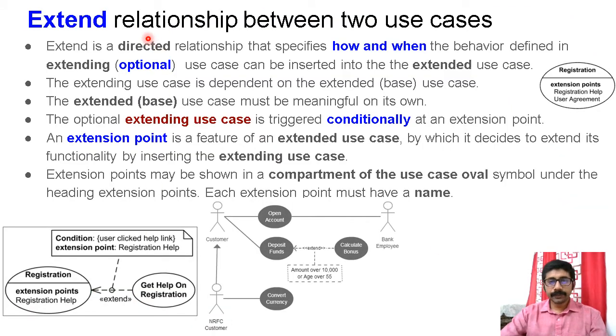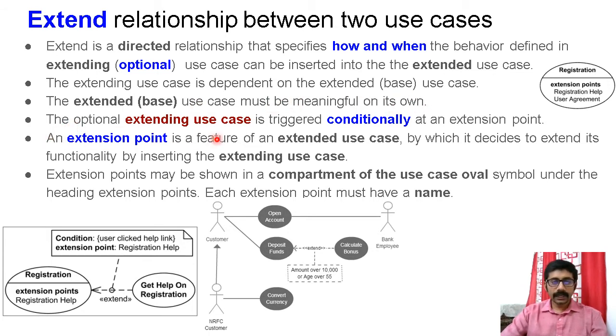Extend relationship between two use cases. Extend is a directed relationship that specifies how and when the behavior defined in the extending use case can be inserted into the extended use case. The extending use case is dependent on the extended or the base use case. The extended or the base use case must be meaningful on its own.